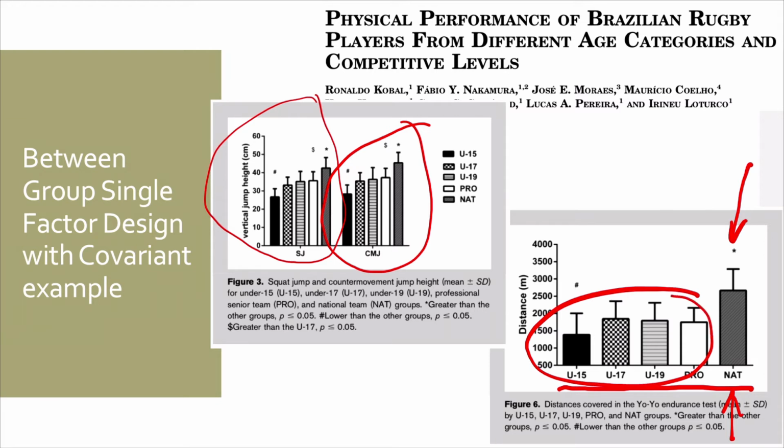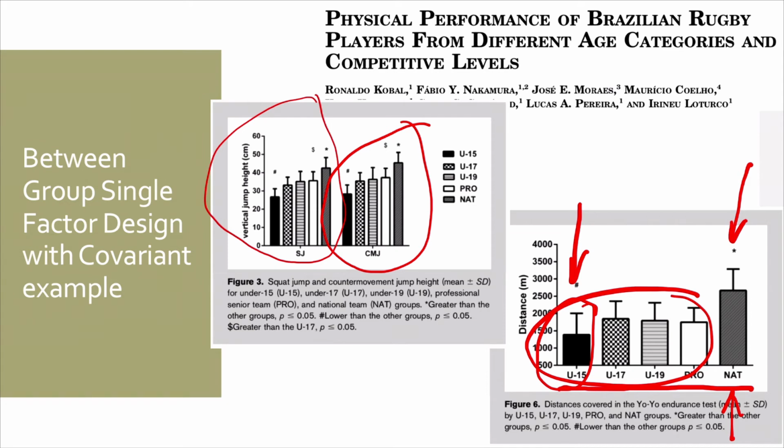So they were significantly better than all the other groups. They also found that the under 15 kids were significantly different from all the other groups. However, they found no difference between the U17s, the U19s, and the professional players on this particular test. So again, they found an interesting finding there.